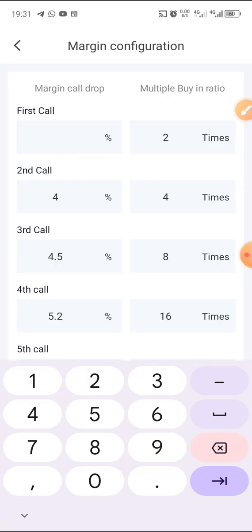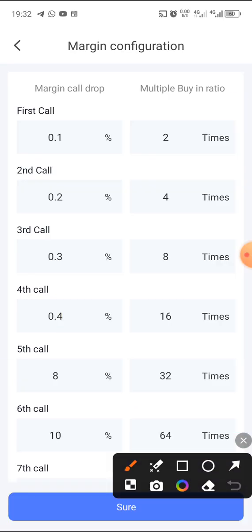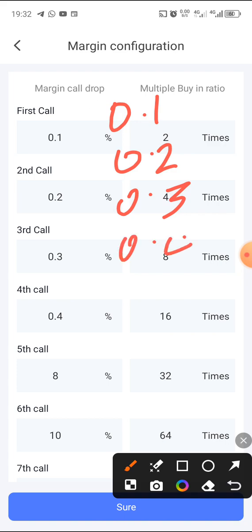When the market drops by 0.1, 0.2, 0.3, and 0.4, and when you add 0.1 plus 0.2, 0.3, 0.4, it will give us 1%.